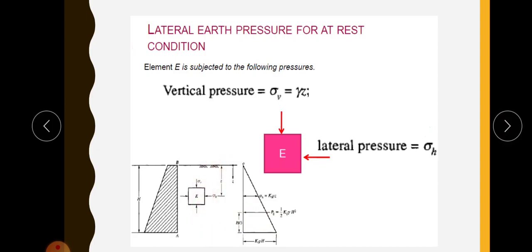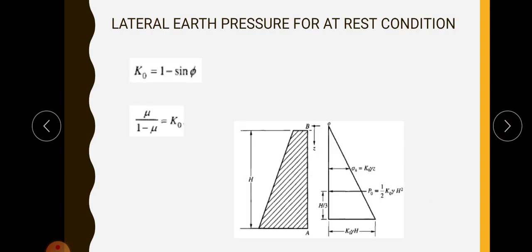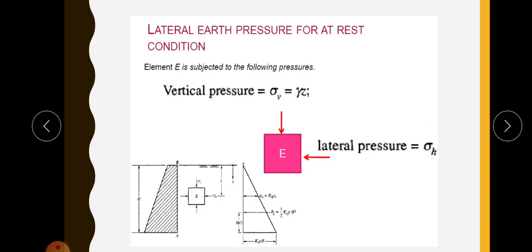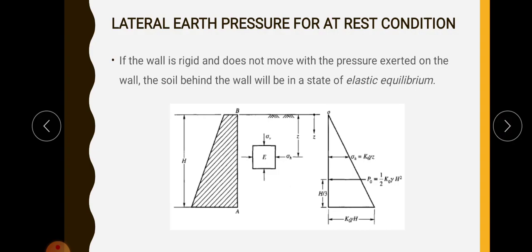And next we can find out what is the value of earth pressure. Sorry, this figure is not clear. Here this P naught is the earth pressure. It is the total earth pressure per unit length of the wall, and it can be calculated from the area of this pressure diagram.